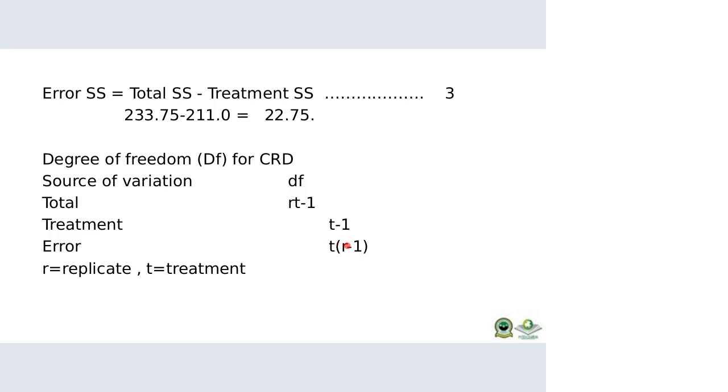So 5 times 3 will give us 15. Likewise, if you subtract the treatment degrees of freedom, 19 minus 4, will give you 15. So we have replicate, we have treatment.